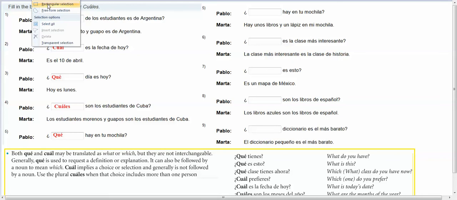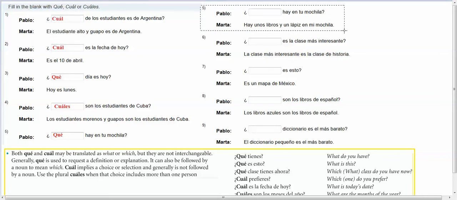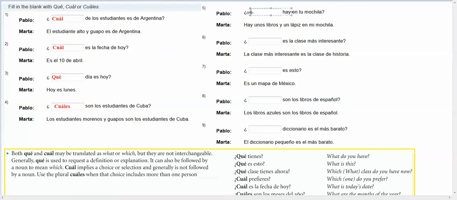Let me take it out. Oh, you know what? Let's take it out over here because we're missing part of it. Okay, so we had already decided that it was qué. ¿Qué hay en tu mochila? Hay unos libros y un lápiz en mi mochila.